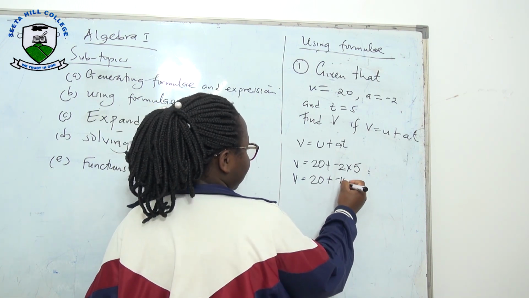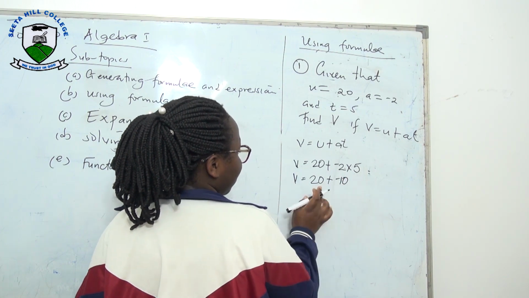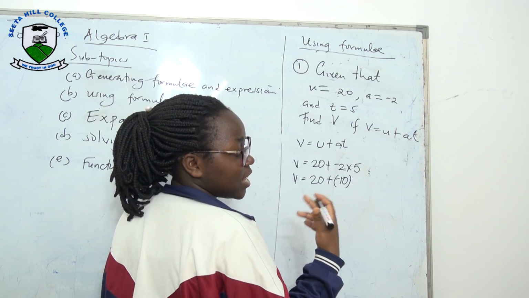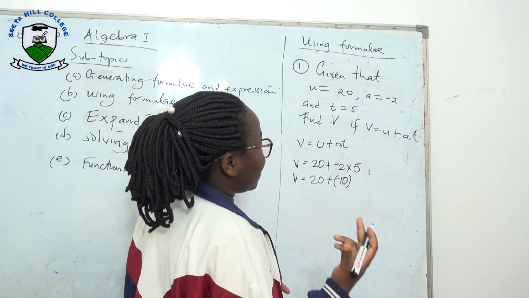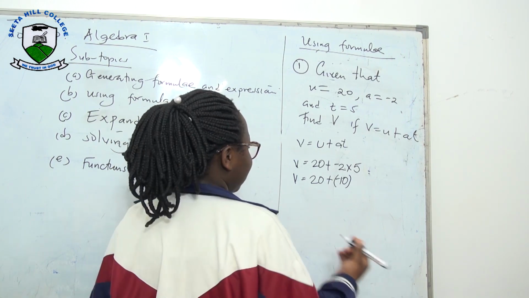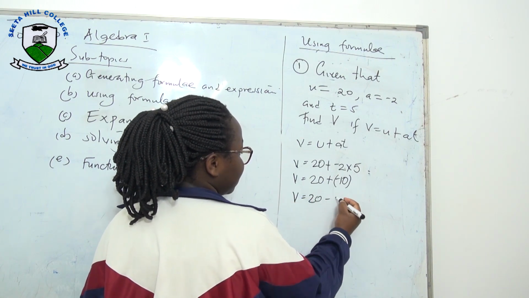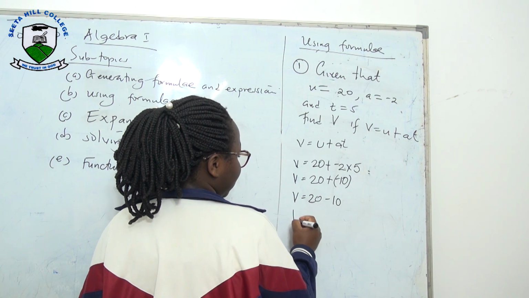A positive times a negative is a negative. So it will give us 20 minus 10.